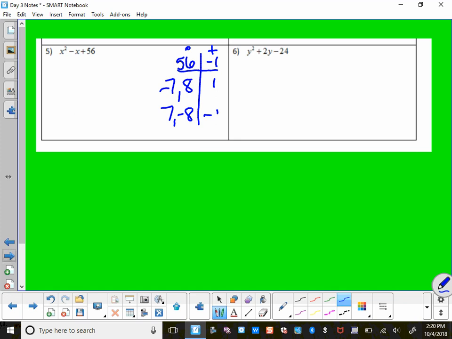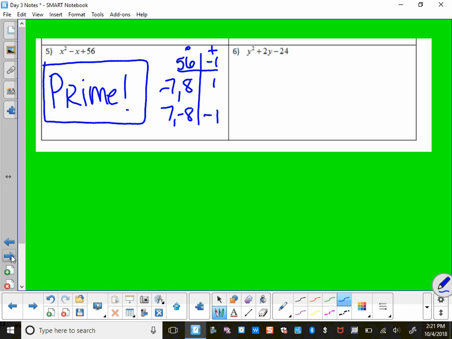If I flip it, that gives me a negative 1, but I still get negative 56 if I multiply. If I do both, that doesn't work. So this answer is what? Prime. You guys get this? What answer did you get? If you do plus 7, it gives you negative 1 if you add it, but it does not give you positive 56. It gives you negative 56.